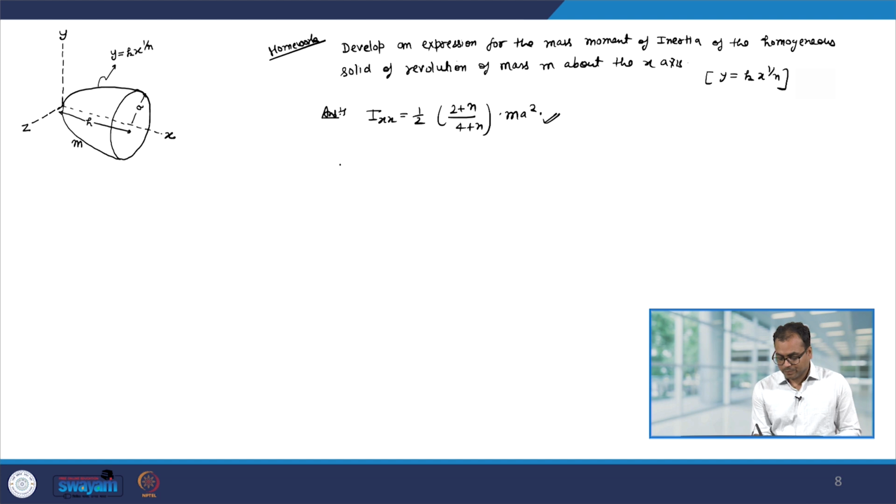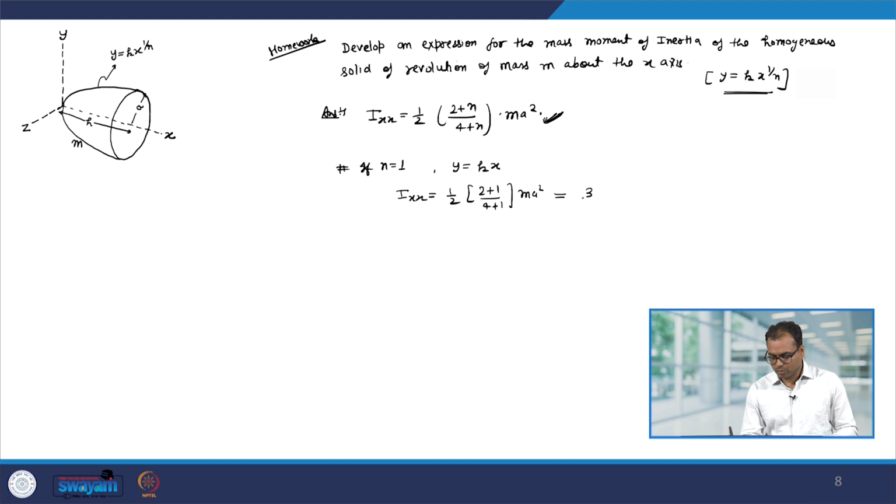Now, let us say if n is equal to 1, in that case this equation becomes y equal to k x, and the moment of inertia about the x axis for this case, Ixx will be half, (2 plus 1) divided by (4 plus 1), into m a square, and this is equal to 3 by 10 m a square.